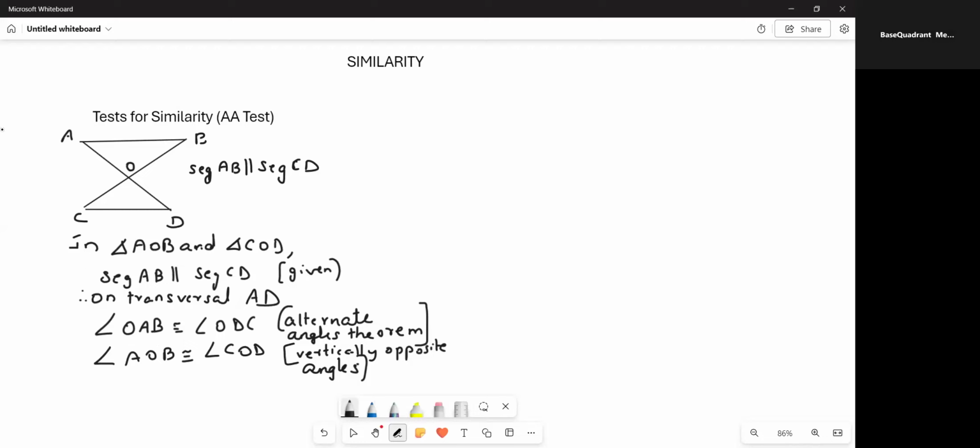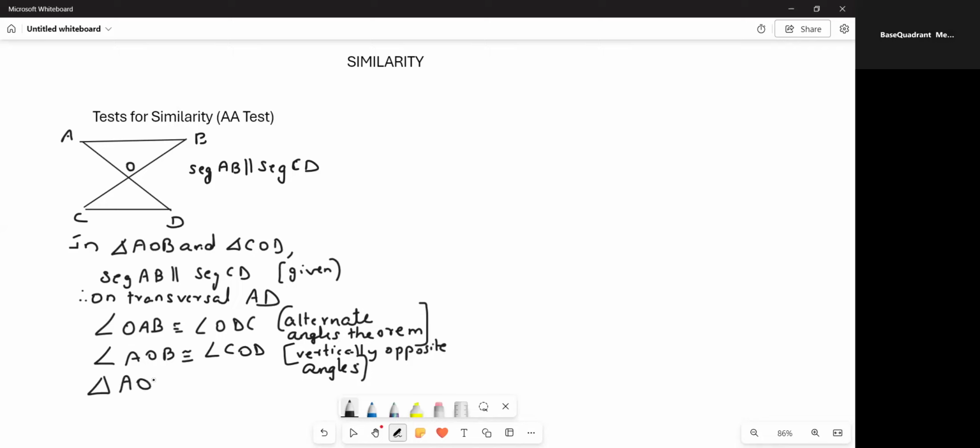Now you've got two pairs of angles as congruent. A and D are congruent alternate angles. O and O are congruent because they are vertically opposite angles. So two pairs of angles are congruent.